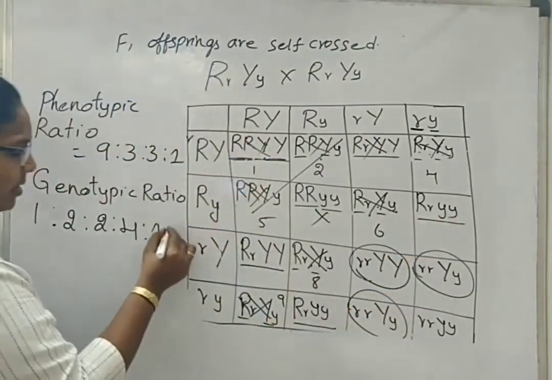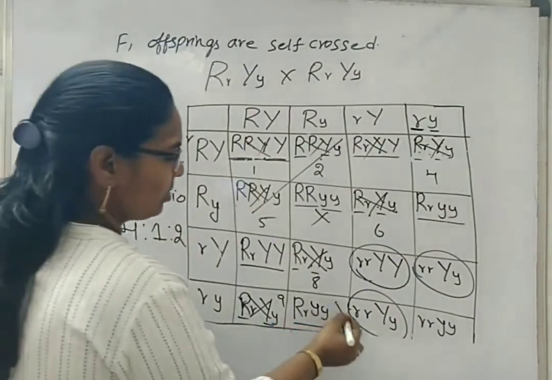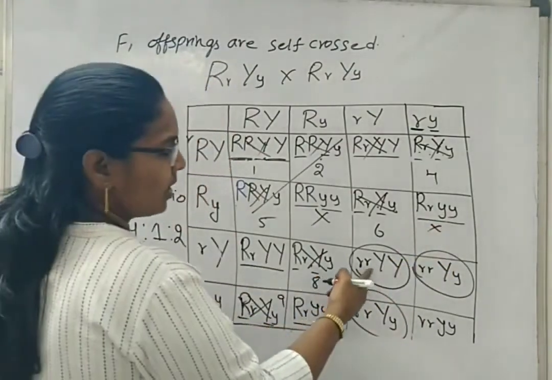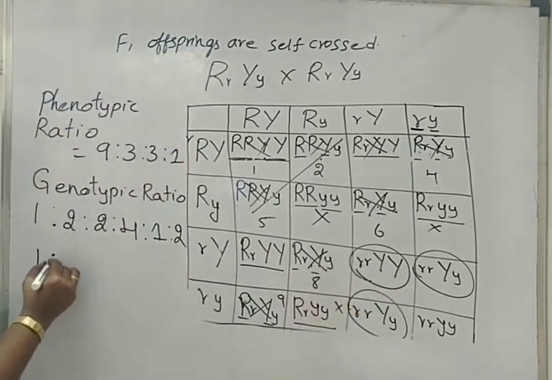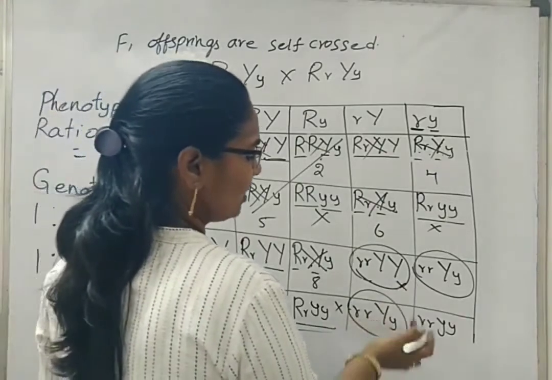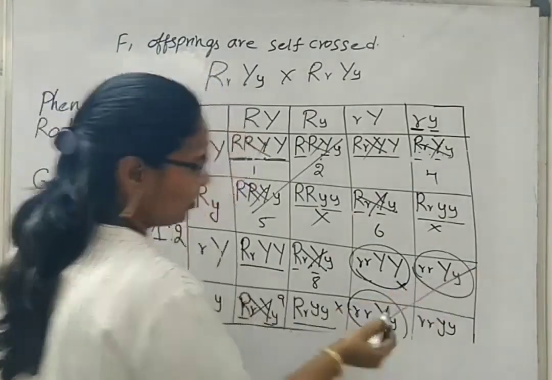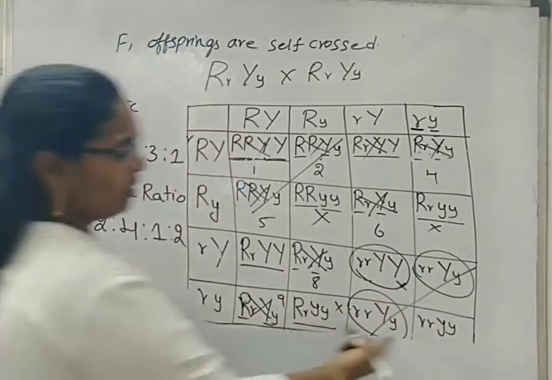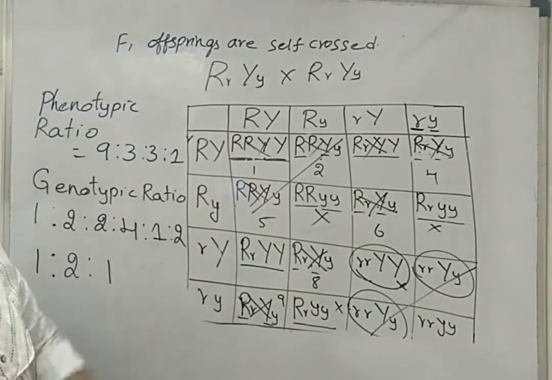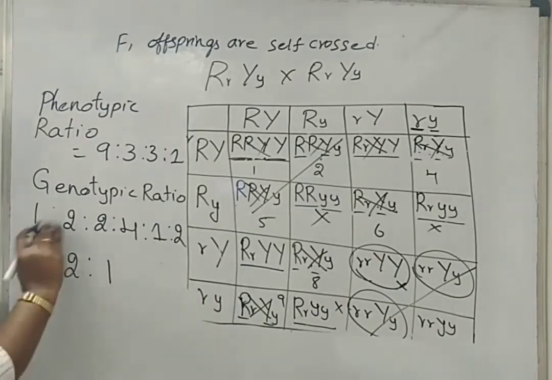So again these are 2 in number. Now coming to wrinkled shape. How many are small r, capital Y? Again 1. So this we have finished. Small r, capital Y, small y. How many? Again 2 in number. Now the last one is 1, with wrinkled shape means small r, small y. That is 1.